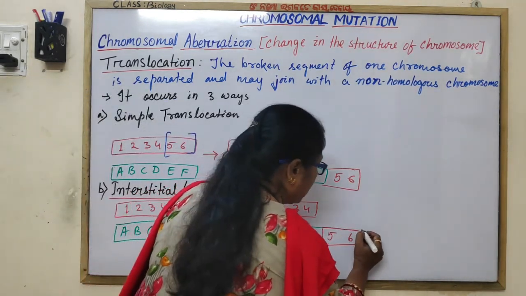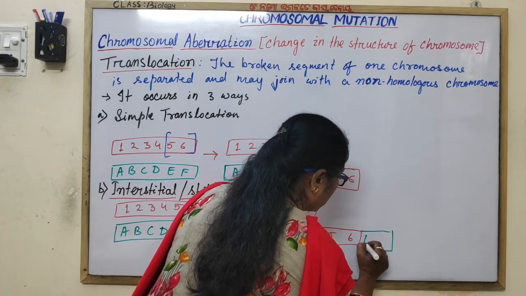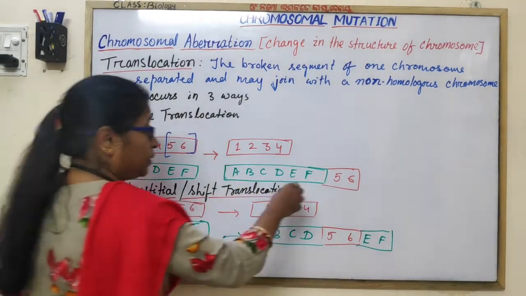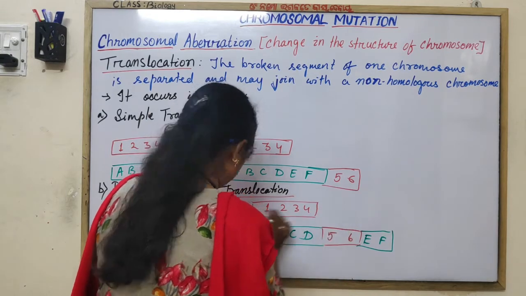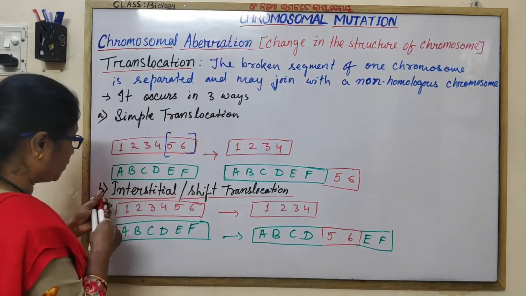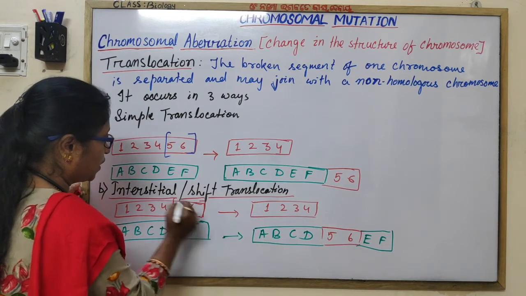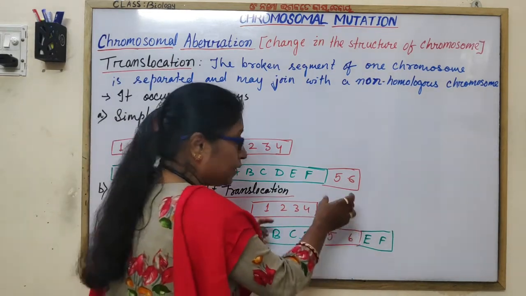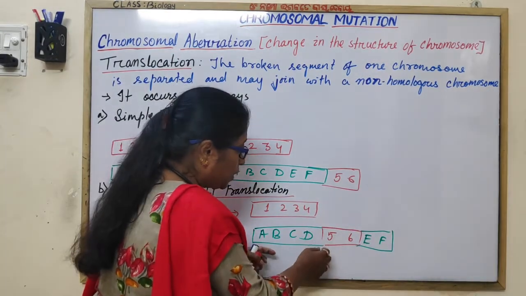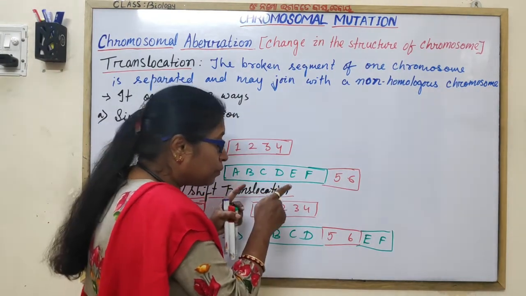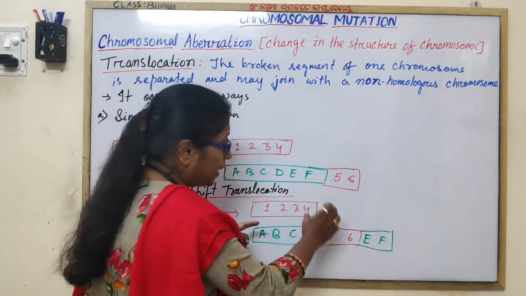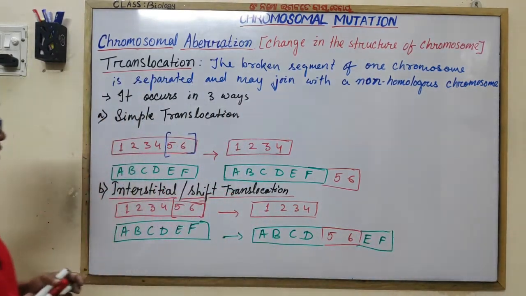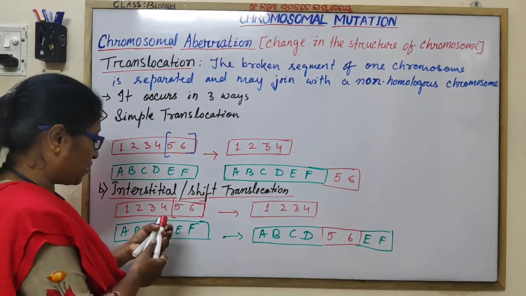That's because the broken segment is separated and joined in the middle, within the non-homologous chromosome, and that part of the non-homologous chromosome is shifted. That's why it is called interstitial or shift translocation.